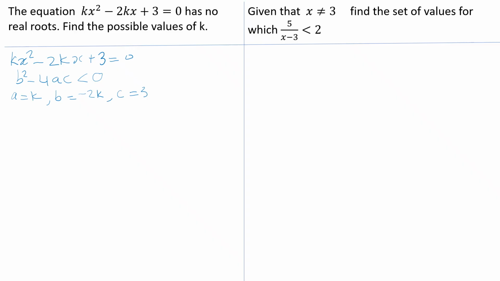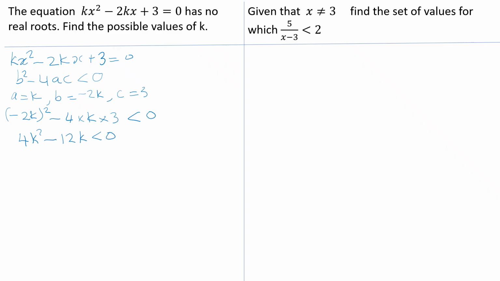So b squared, minus 2k squared, minus 4 times a is k, c is 3, less than 0. Minus 2k squared is 4k squared, minus 12k less than 0.